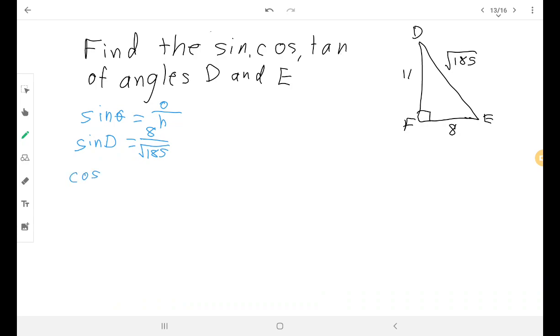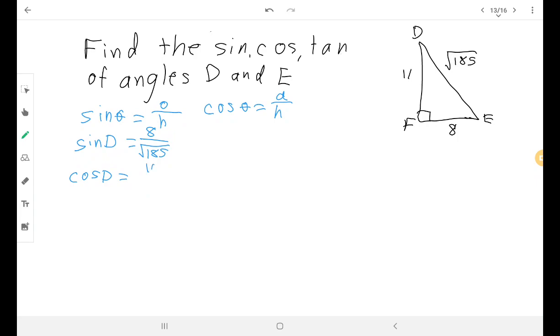The cosine of angle D: cosine of any angle is the adjacent side over the hypotenuse. The adjacent side is the side that is not the opposite and not the hypotenuse. It's the side that is not the hypotenuse that is attached to the angle. Okay, so for angle D, this side is the adjacent side.